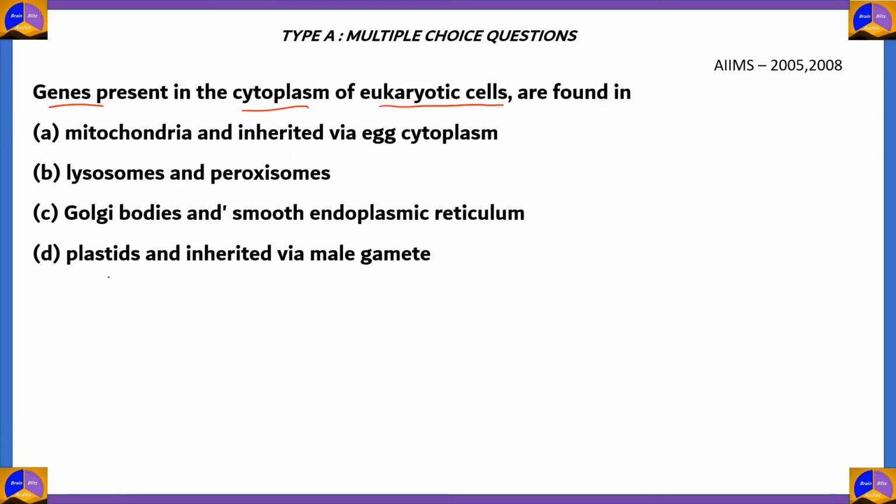Option D, plastids and inherited via male gamete. So plastids have DNA. That is true. But the DNA inherited via male gamete is present in the nucleus and not extranuclear. So the genes inherited from the gametes, they are present in the DNA and chromosomes of the nucleus. So option D is incorrect.